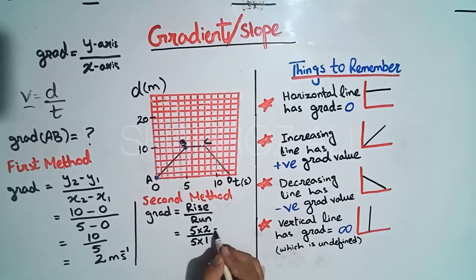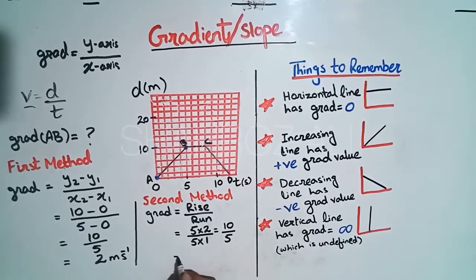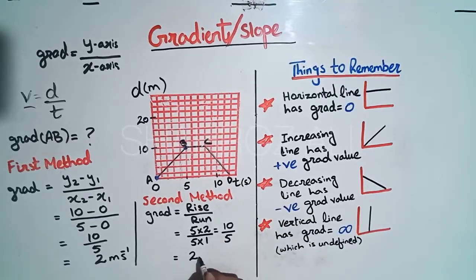What will it be? 5 twos are 10, 5 ones are 5, so by cutting we get 2 meter per second as the unit.